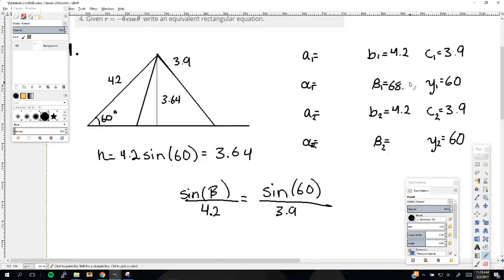Yes. Okay. And then if you figure out the other angle, alpha should be 51.15. That's what I got. Cool.